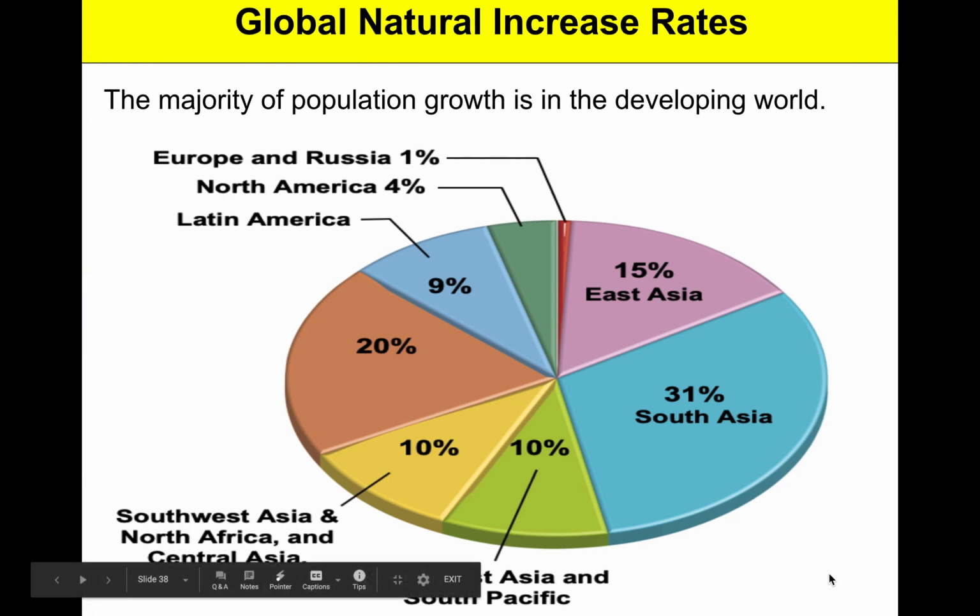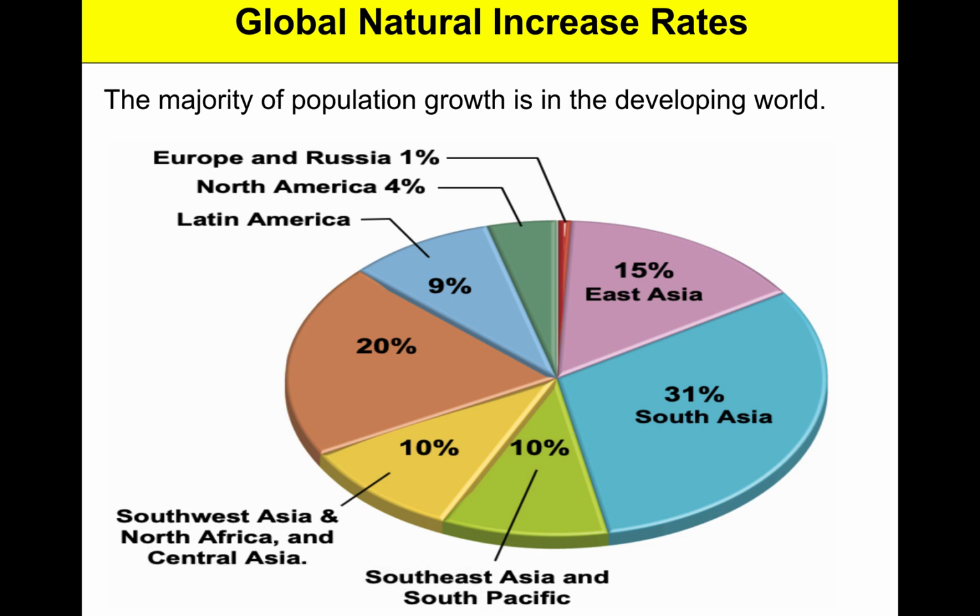All right, the majority of the population growth in the developing world, 31%, comes from South Asia. Remember the countries we mentioned: India, Pakistan, Bangladesh, the three large countries in terms of population numbers.